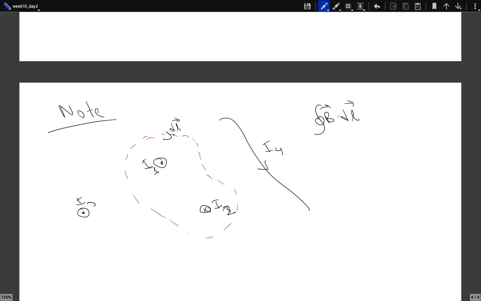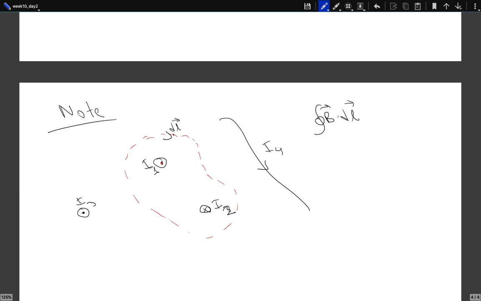Now again, let's use your right hand. Your fingers in the direction of the loop, your thumb points into the screen. That is the positive current. You see, this is a positive current because it's going into the screen.